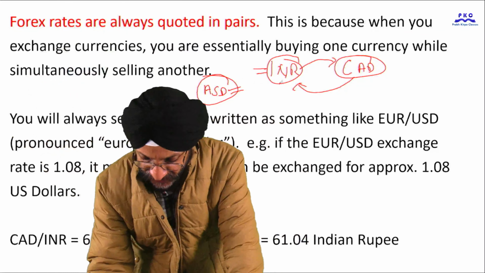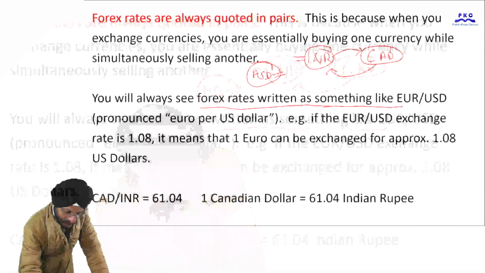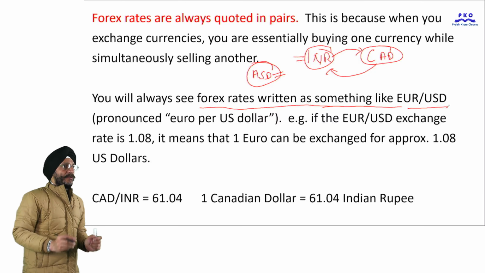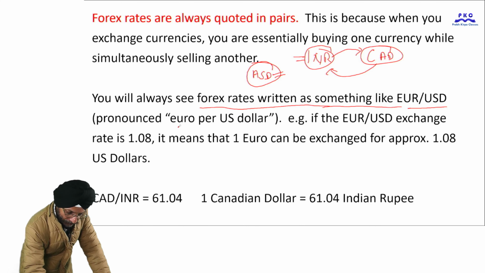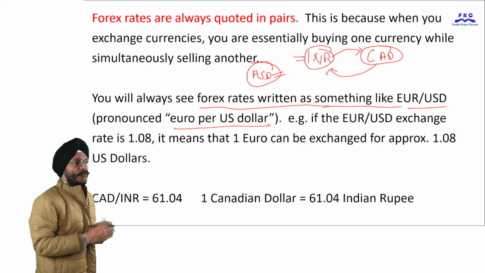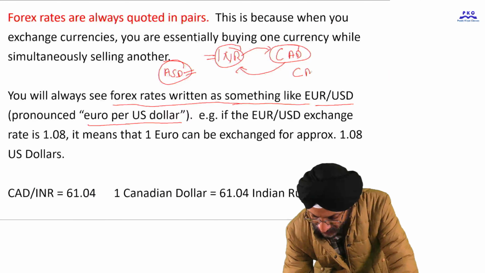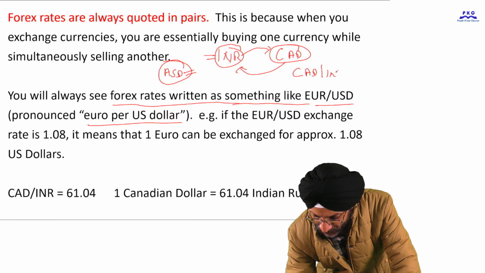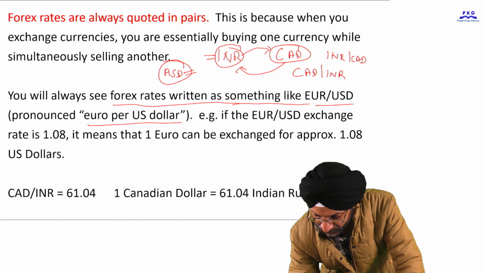You will always see forex rates written as something like this: EUR over USD, pronounced as euro per US dollar. We are simply giving an example. It can also be written like this, or like this.